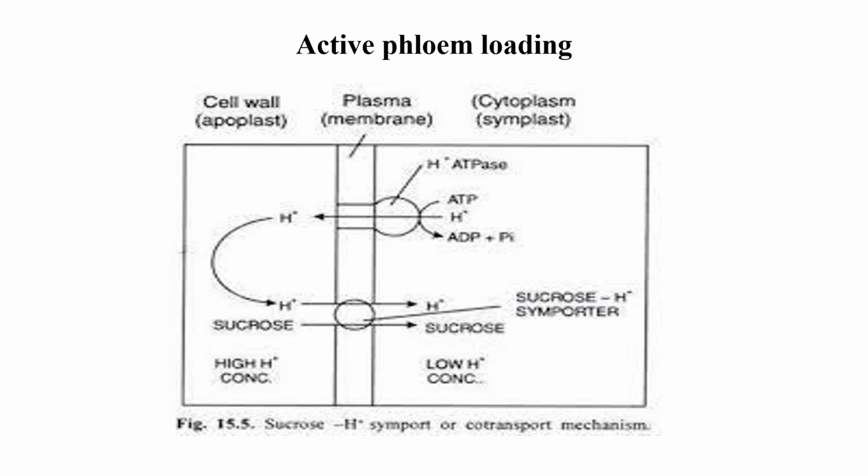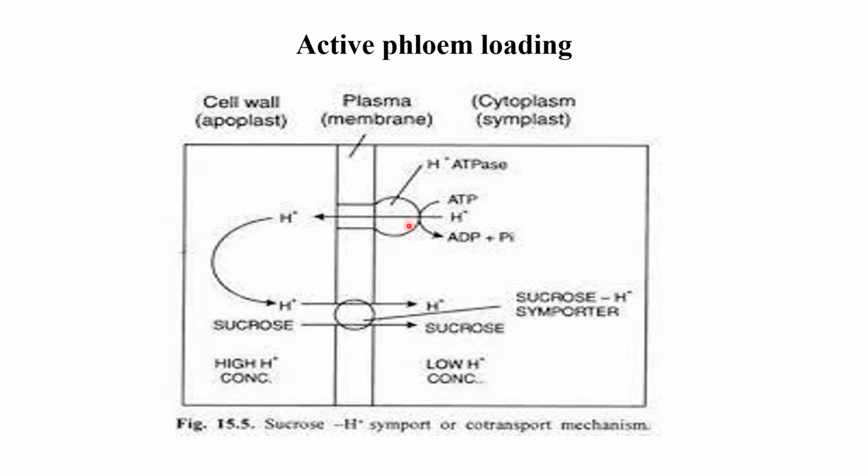So how does the active phloem loading occur? In this case, H plus ATPase, which is present in the sieve elements, and from here H plus now enters into the cytoplasm of phloem parenchyma, which leads to a higher concentration of H plus over here, and then occurs the transportation of sugar from phloem parenchyma to the sieve elements with the help of H plus ATPase.